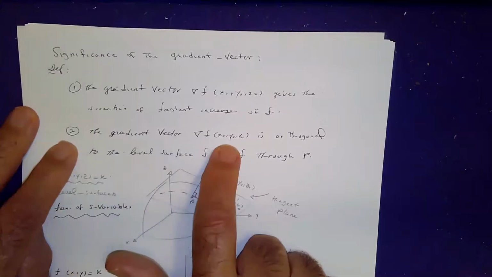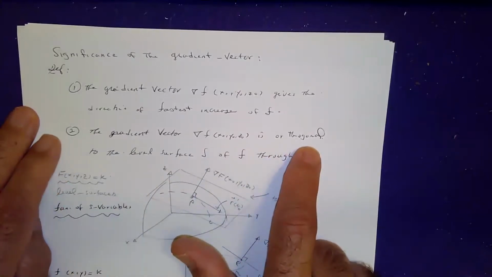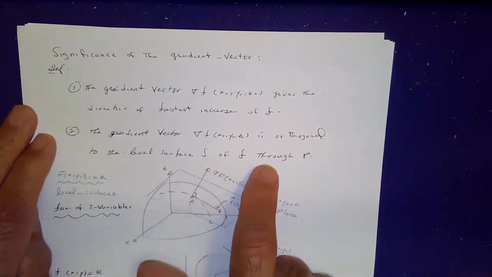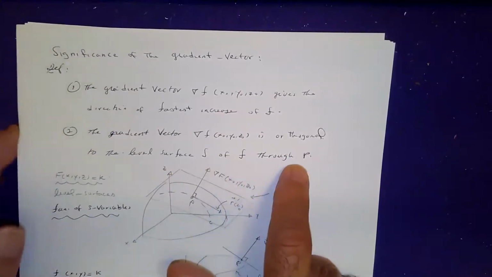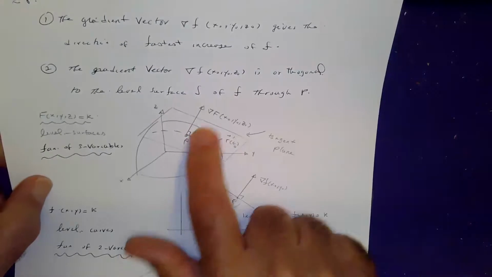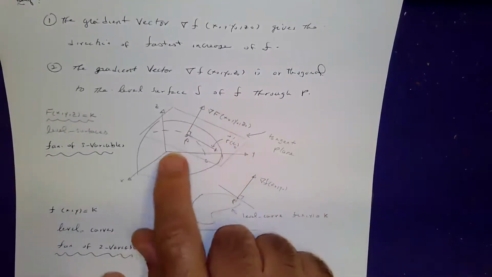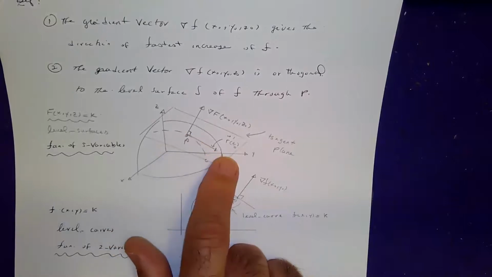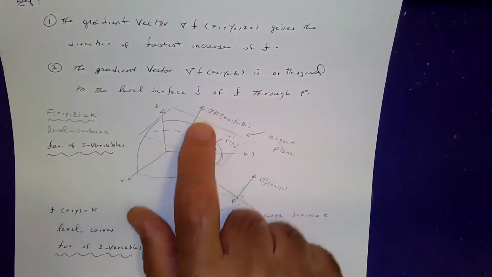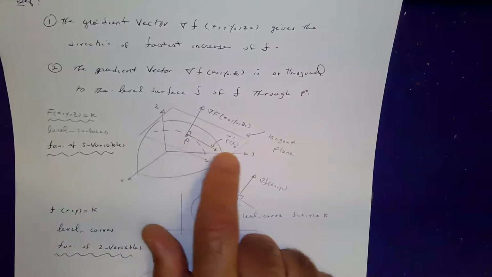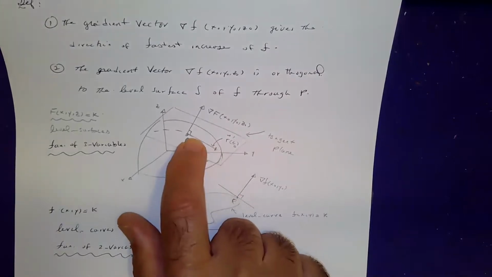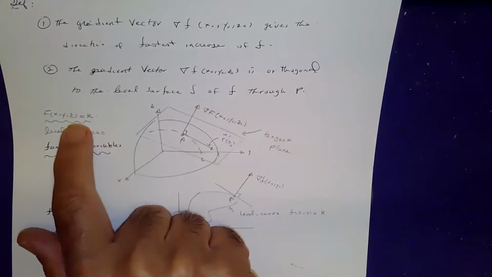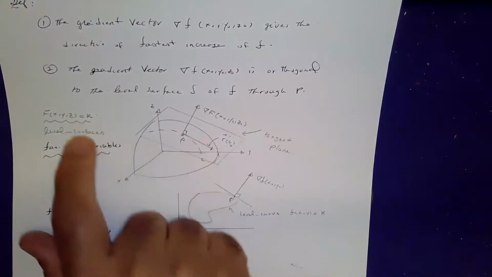The gradient vector is always orthogonal, which is a different word for perpendicular, to the level surface through a point. Notice this is any curve on the surface. This is like the tangent vector. The gradient vector is always perpendicular to the tangent vector at any given point on the surface. So these would be level surfaces, correct?